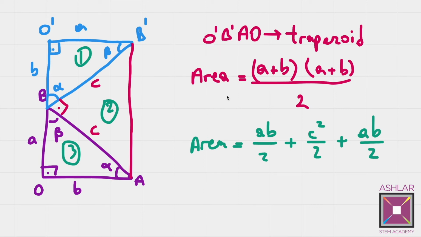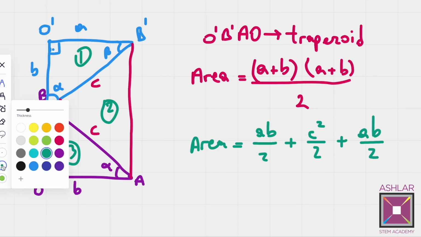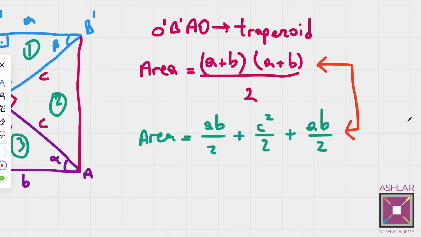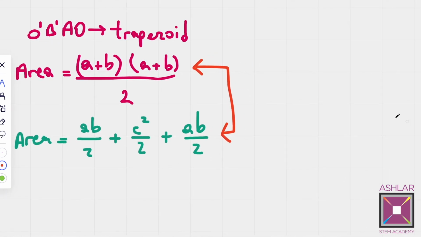So now we have these areas, right? So these two areas should be equal to each other, which is the area of the trapezoid, right? So now let's equate these two expressions. Okay, so we can do it on the side here. So (a plus b) squared divided by 2.